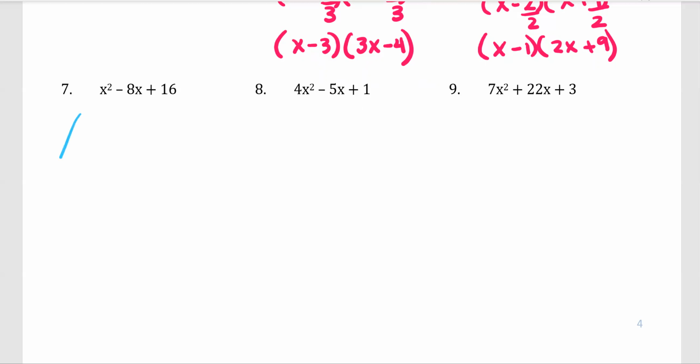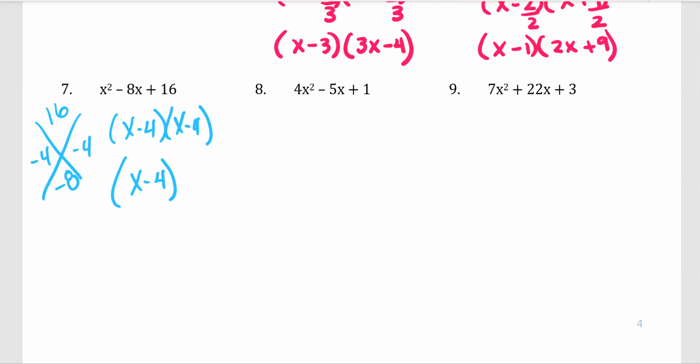Number 7, we need the factors of 16 that add to negative 8, negative 4 and negative 4. Or you can write it as x minus 4 squared.